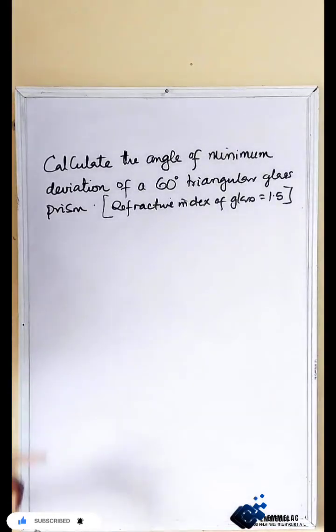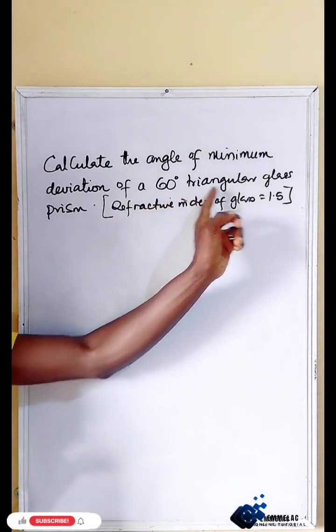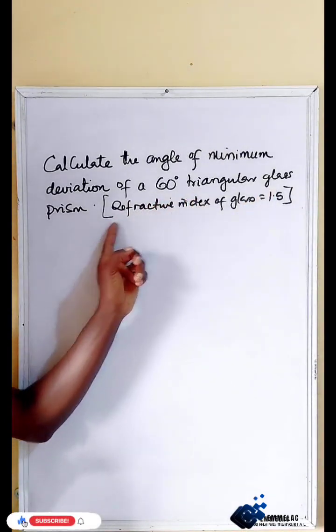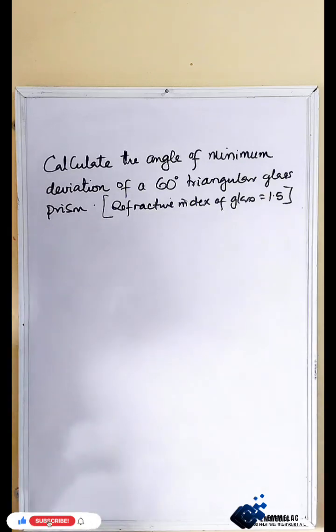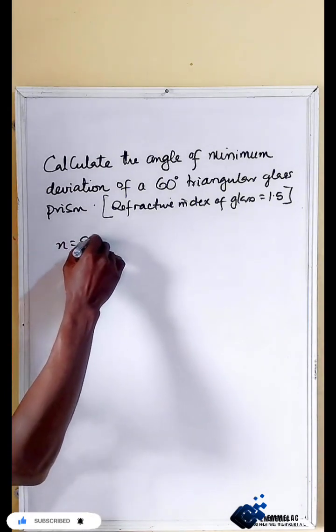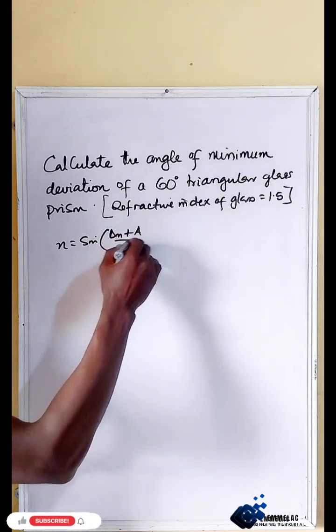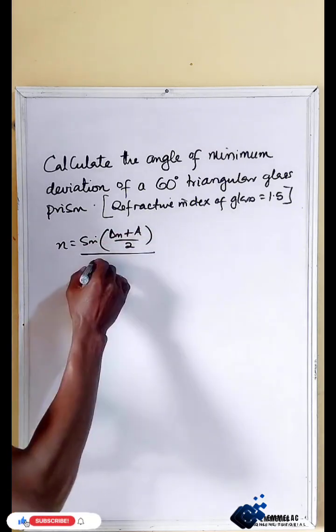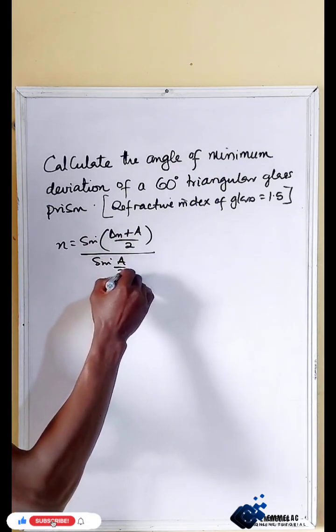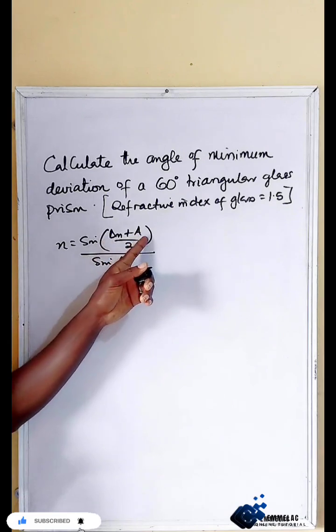Now let us solve this question. We have to calculate the minimum deviation of a 60 degree triangular glass prism, and we are given that the refractive index of the glass is 1.5. Let us recall that n equals sine of (dm plus A) all over 2, all over sine A all over 2, where dm is the minimum deviation and A is the refracting angle of the glass.